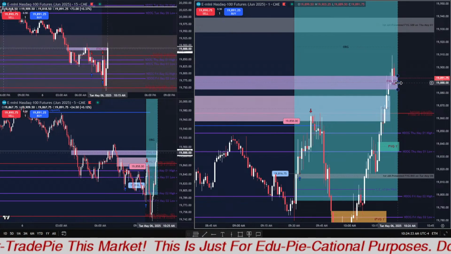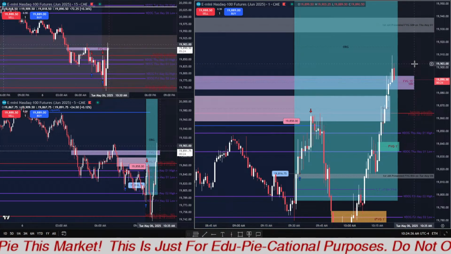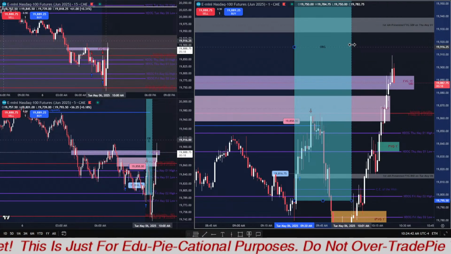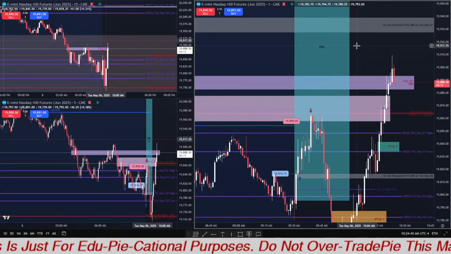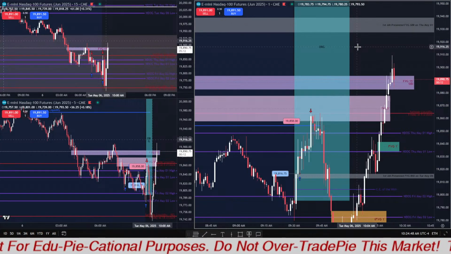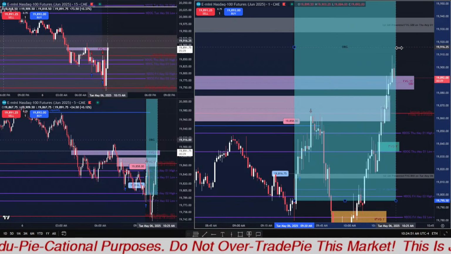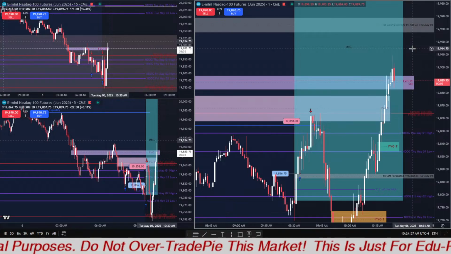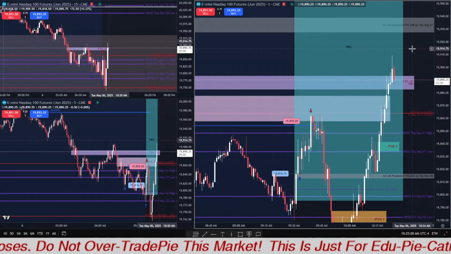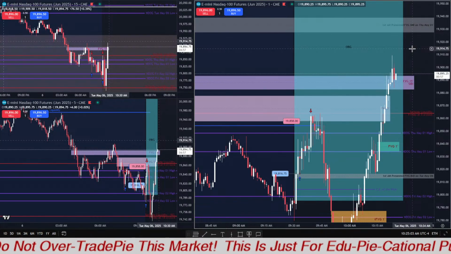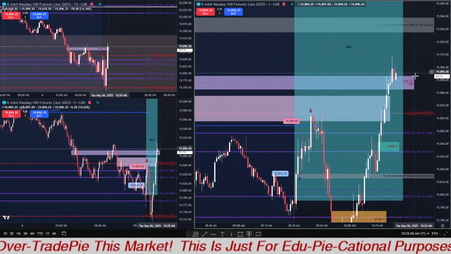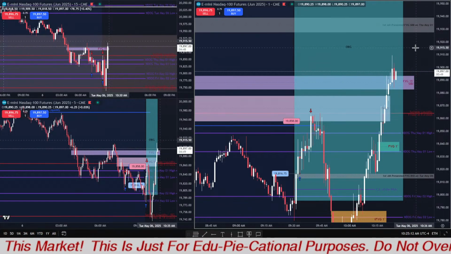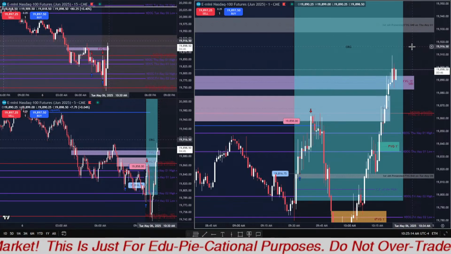Once again tapped into the 15-minute fair value gap. You can utilize this 15-minute as an inversion also for entering to reach today's midpoint of the opening range gap.